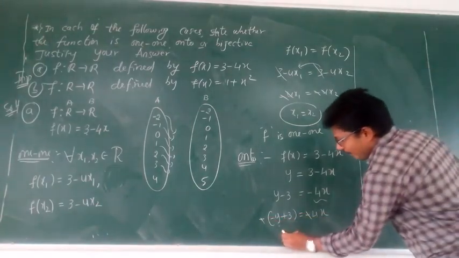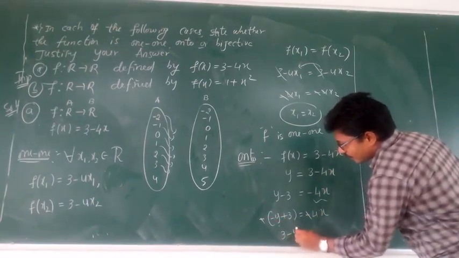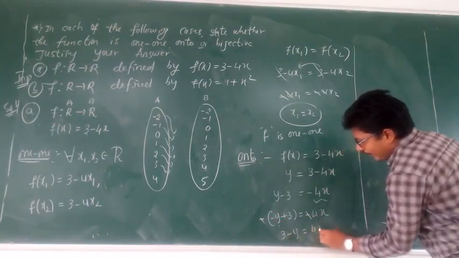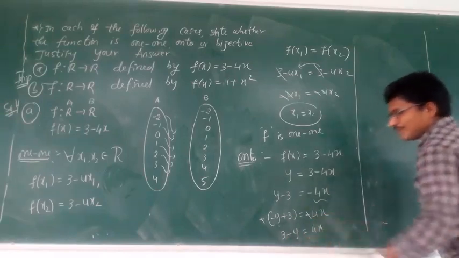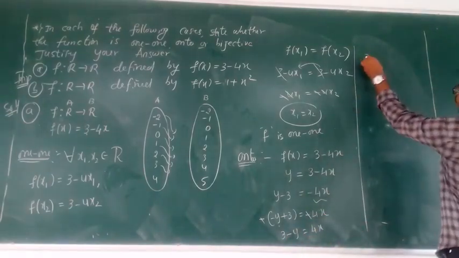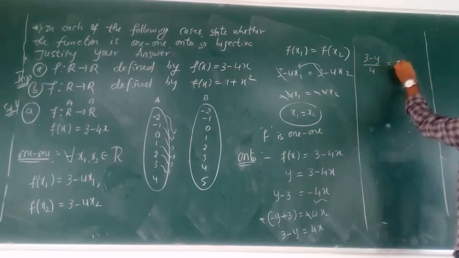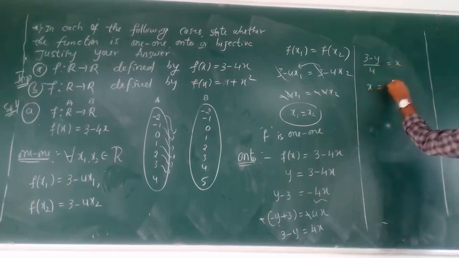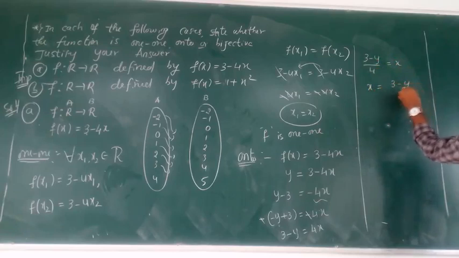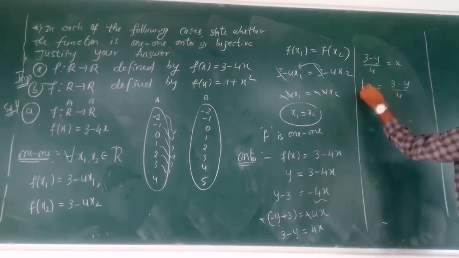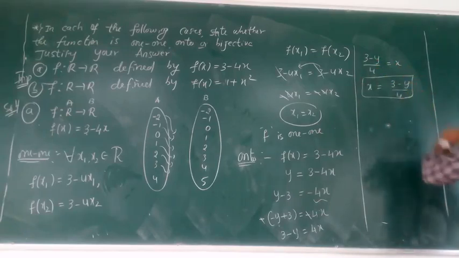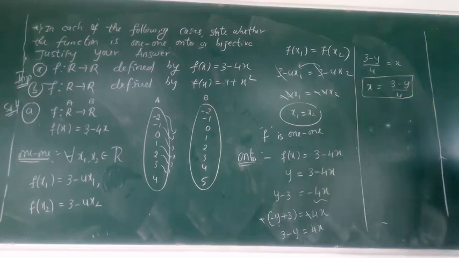That's why I will write the positive number first. 3 minus y is equal to 4x. This 4 can also be shifted to the LHS side. What happens? 3 minus y divided by 4 is equal to x. So our needed value is x is equal to (3 minus y) divided by 4.